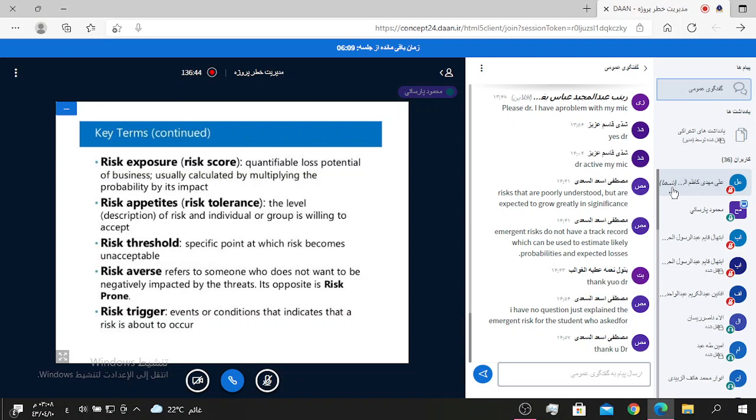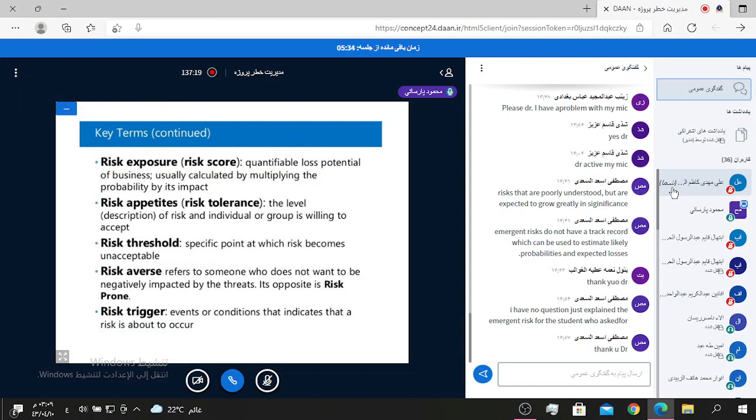Another term is risk averse, which refers to someone or some group or company who does not want to be negatively impacted by the risk. Its opposite is risk prone. In some projects, it depends on the decision of the main or general manager of that project.